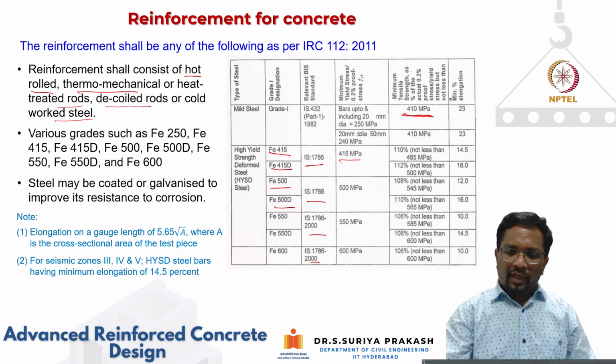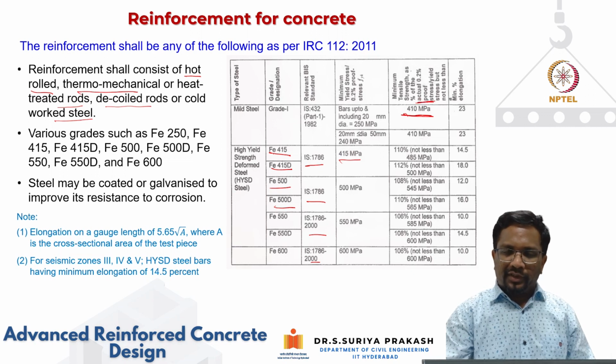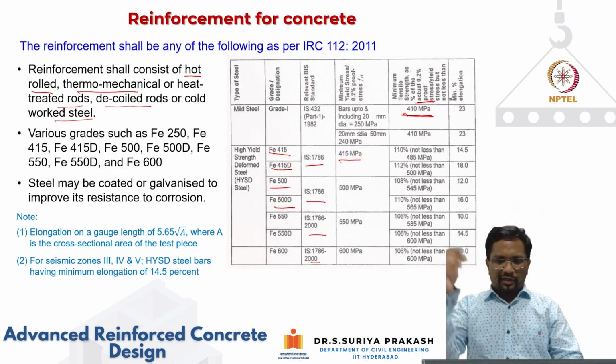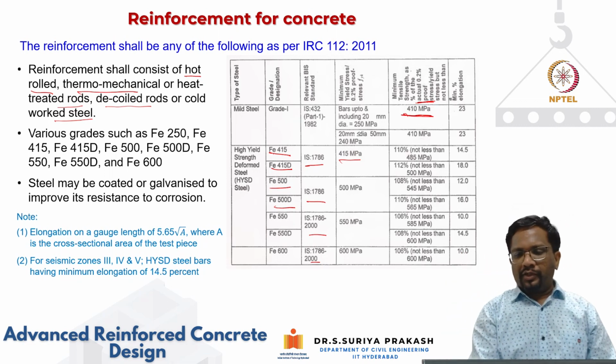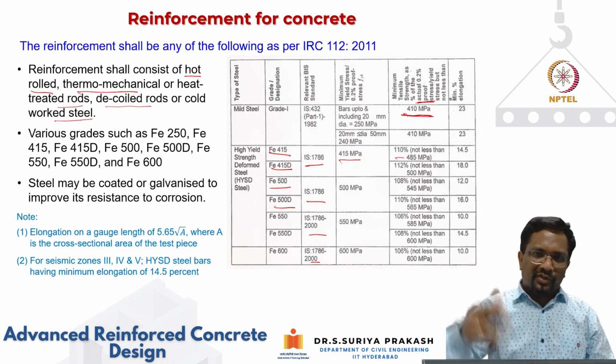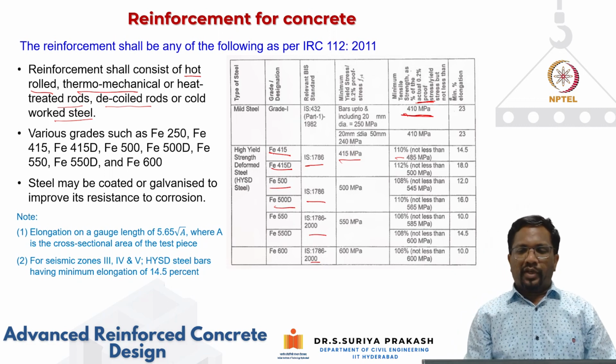So if you see here, it is the minimum tensile strength as a percentage of the actual 0.2 percent proof stress. That means the stress corresponding to 0.2 percent strain, the 0.2 percent proof stress. The ultimate strength should satisfy a minimum of 110 percent of that stress. Okay, so these are the minimum values that are given.